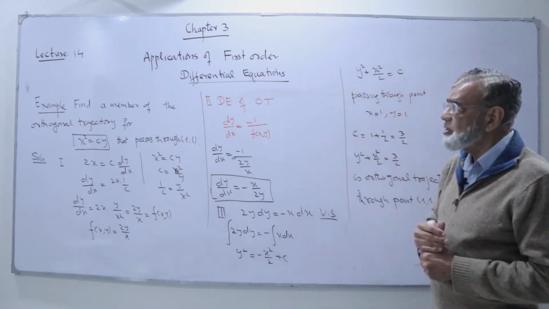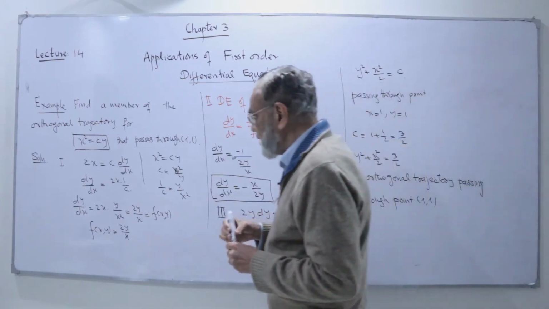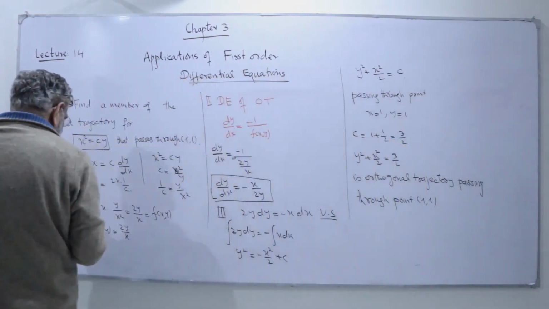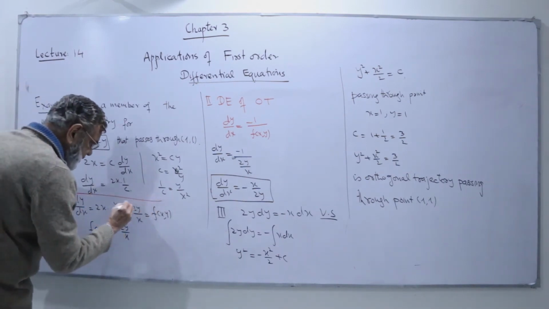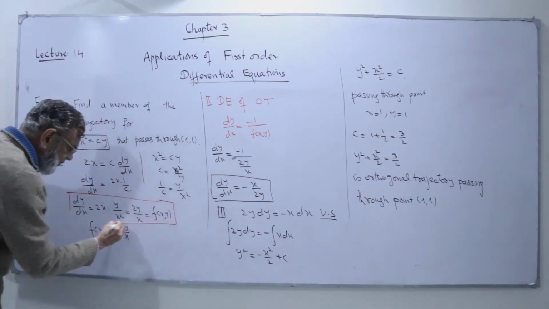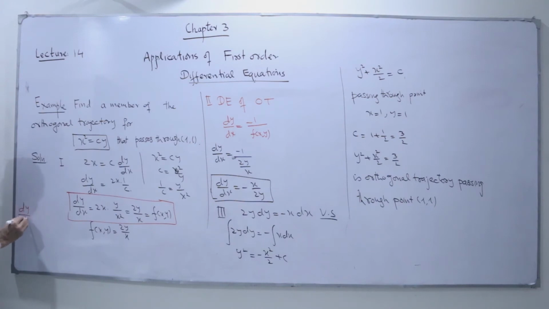So this was about the orthogonal trajectory. We took an example, and I'm repeating the example again with these three steps. Number 1 is that we find the differential equation, dy by dx is equal to f(x, y). So we eliminate c and we get dy by dx is equal to 2y upon x, and that gives me f(x, y) equal to this.